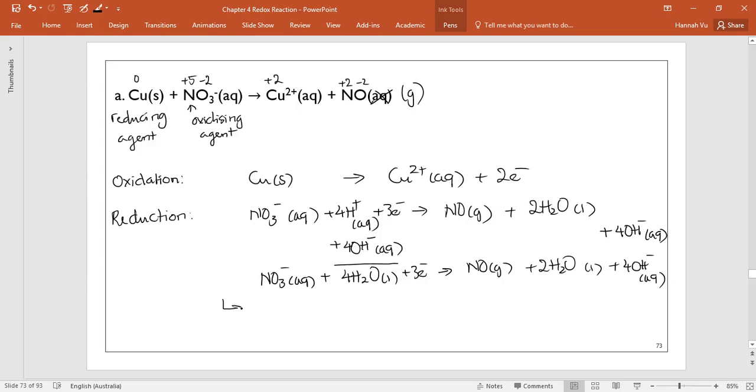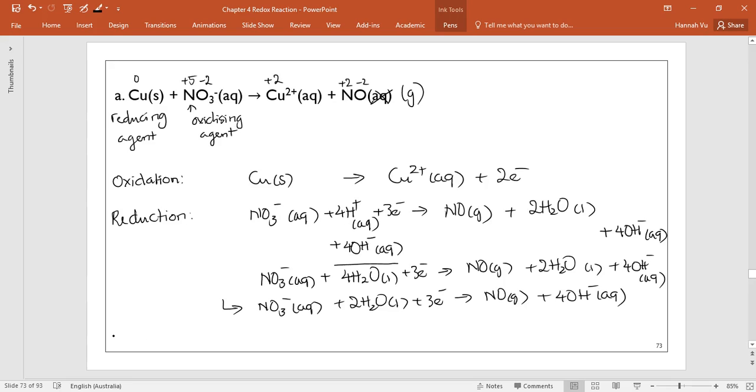So final answer is NO3 minus plus 2H2O and 3 electrons going to NO and 4OH minus. So we're just going to do a quick check to see whether our equation is still balanced. I'm going to do a charge check again. There's a 4 minus on the reactant side and 4 minus on the product side, so that looks good. You have time to check every single element.